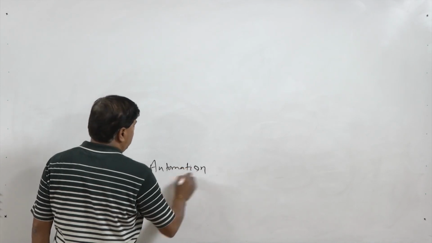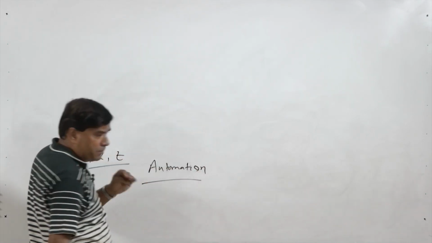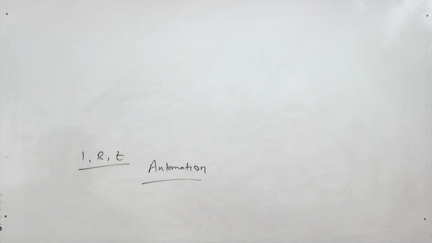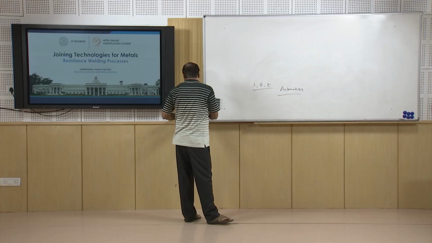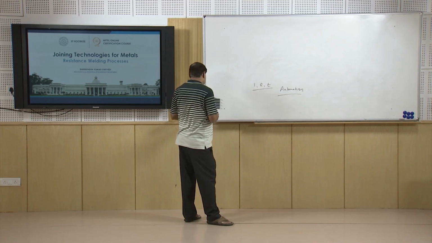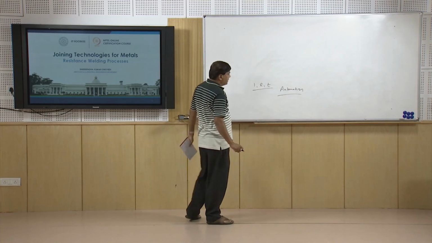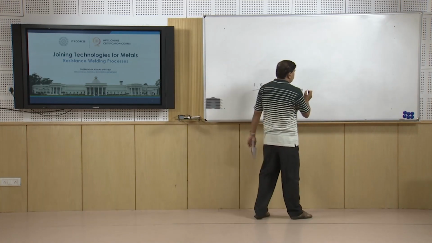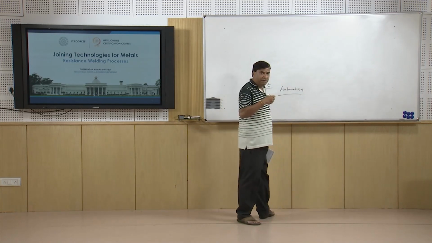Once the process is optimized, the rate of production is very high in case of the resistance welding processes. There are certain requirements related to the nugget diameter and the electrode diameter which are required for developing the weld joints.